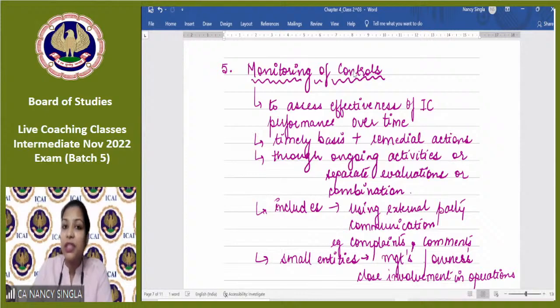Will the working of the internal control be as effective as in a situation whereby management is regularly monitoring the effectiveness of internal control? So obviously, where management regularly assesses the effectiveness of internal control, there the organization will have an effective internal control in place, right? So a very important component of internal control is monitoring of controls.